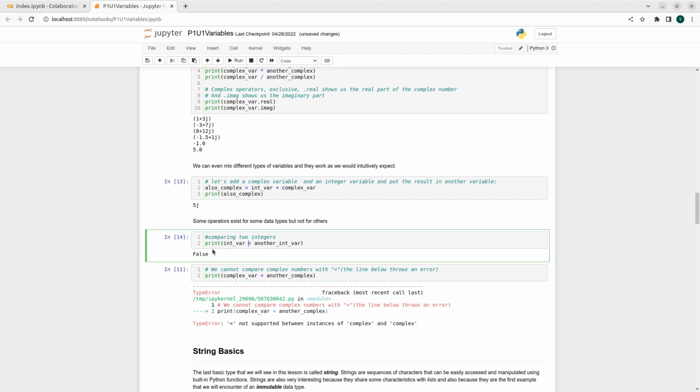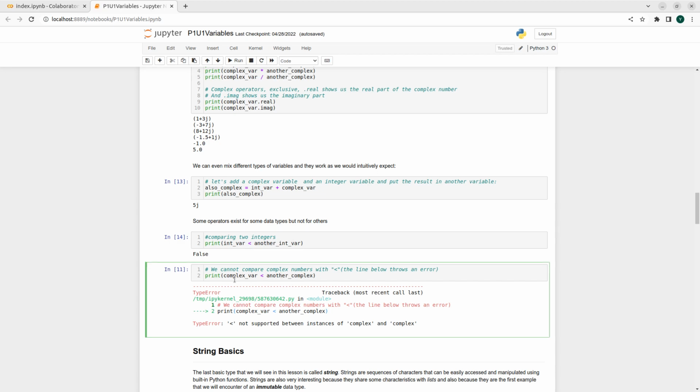I can do that and I get the truth value of this. The minor operator gives me a truth value of whether or not this is smaller than that, and then I can print it, and it turns out that this is not smaller than that, so the truth value is false. But the point is that I can use this operator with integer values.